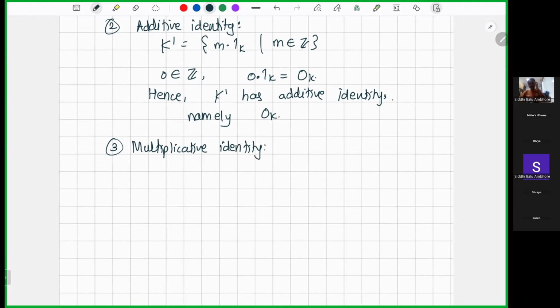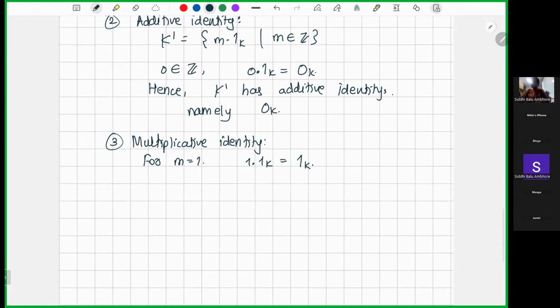Now we need to check for multiplicative identity. So anyway, for m equal to 1, this 1 into 1k will be just 1k. And this 1k belongs to this k dash.